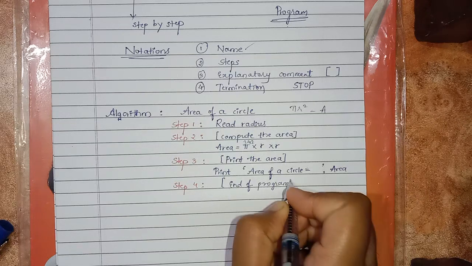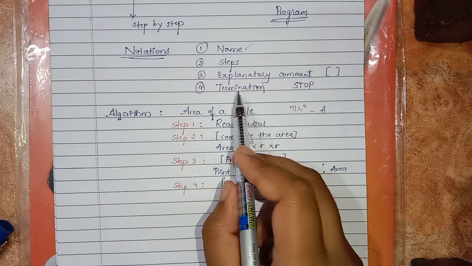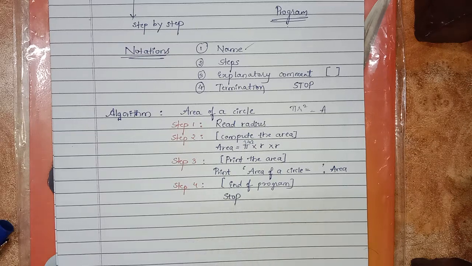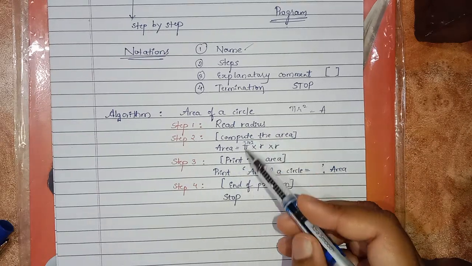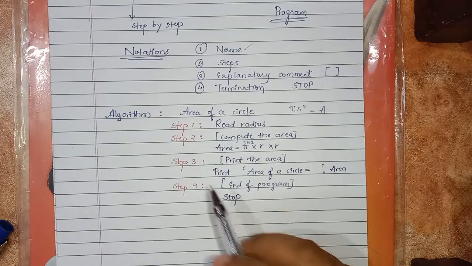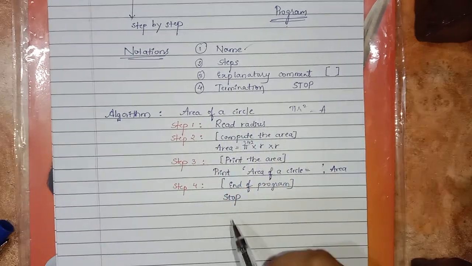Termination is in terms of stop. You have to write stop there. So if you write all this program and you execute it, then you will get the answer for this area. Understood? So just a simple example I have given here.